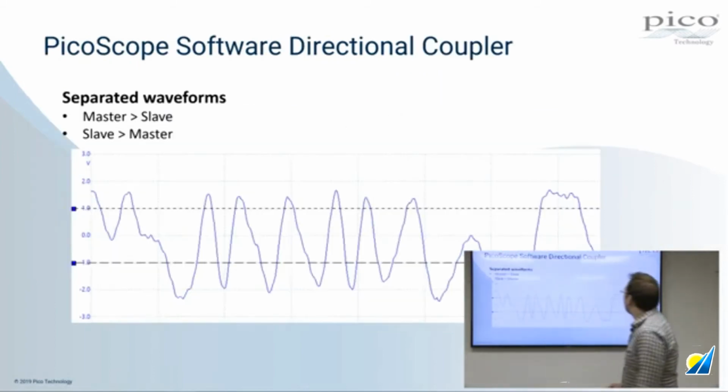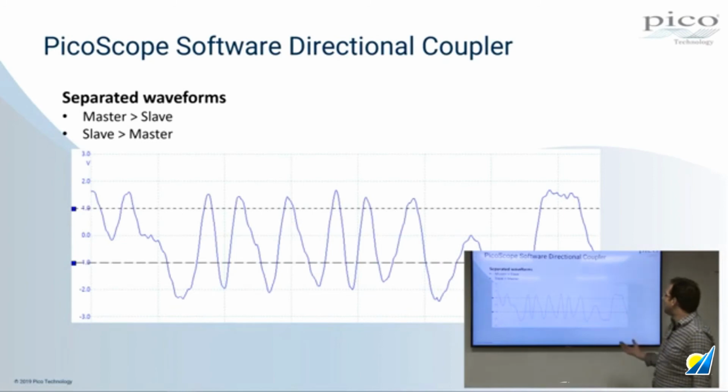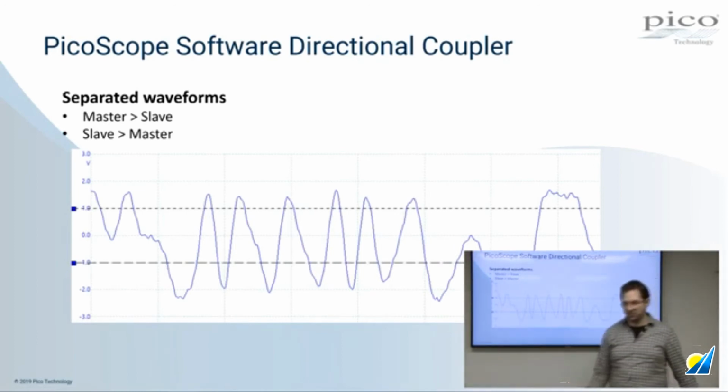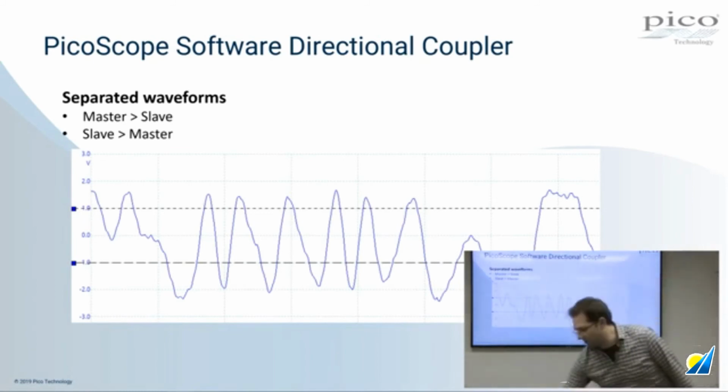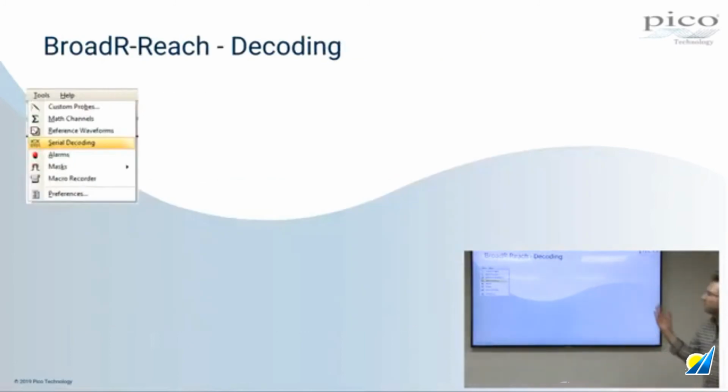So after you've done this, you will get a PAM3 signal and the separated waveforms going from master to slave or slave to master along the same channel can be extracted. Then they can be decoded using our BroadR-Reach decoder, which my colleague Patricia is going to tell you a bit more about.